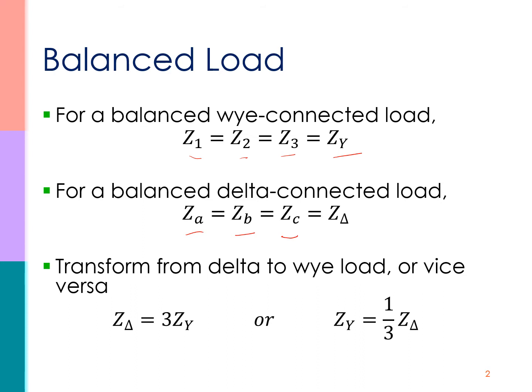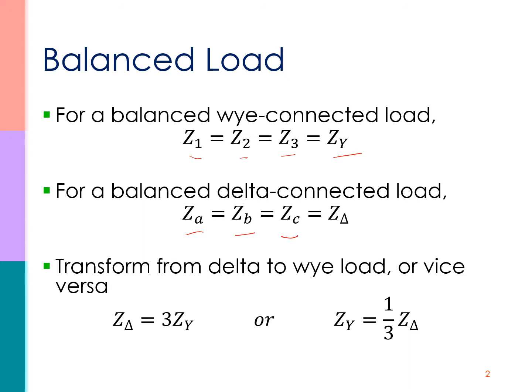So you have learned about star and delta transformation in Circuit Theory 1. From this equation, we can transform the delta to Y load or from Y load to delta load.